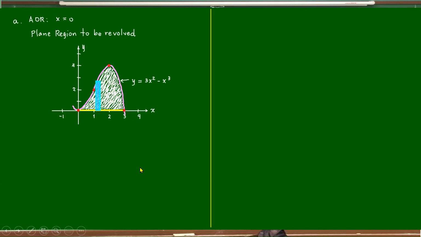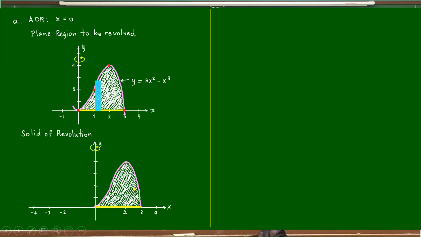Since the axis of revolution is the y-axis, and the element is parallel to it, we expect a cylindrical shell to be the solid volume element generated. Solid of revolution, so let's see, when revolved about the y-axis, we get this solid. So the element will also revolve, forming a cylindrical shell.